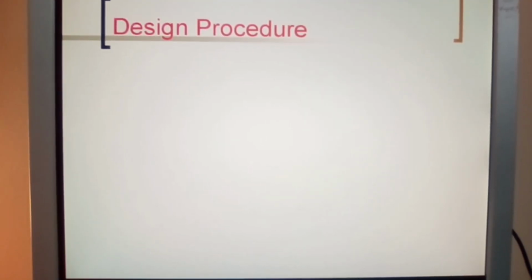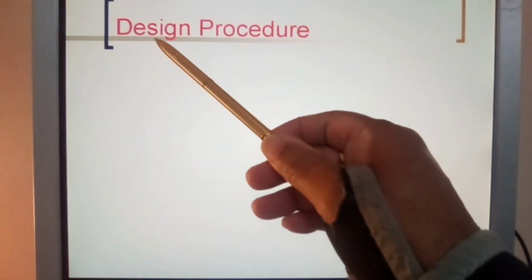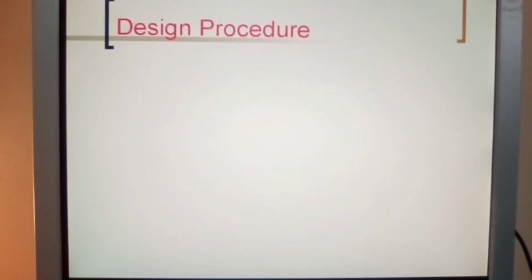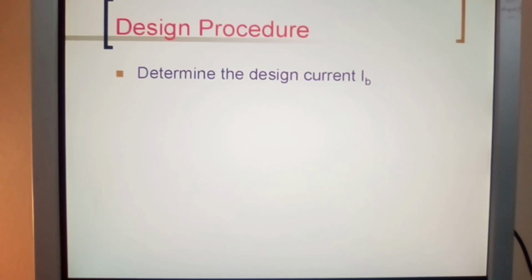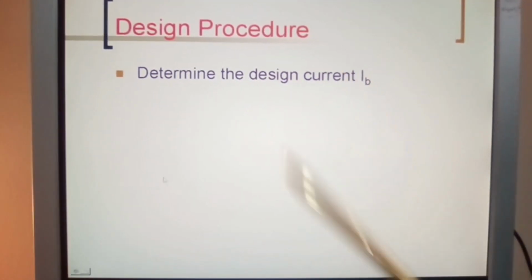Design procedure. When we say design procedure, we're looking at your design current. Determine the design current IB.